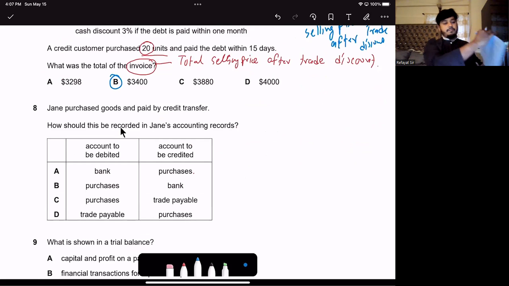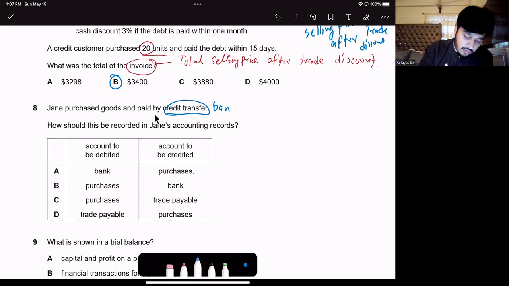Number 8. Jane purchased goods and paid by credit transfer. How should this be recorded in Jane's accounting records? Jane purchased goods and paid by credit transfer, meaning she paid through the bank.